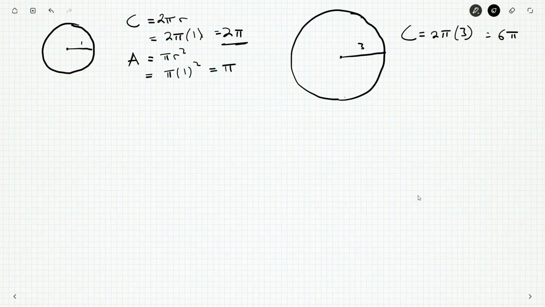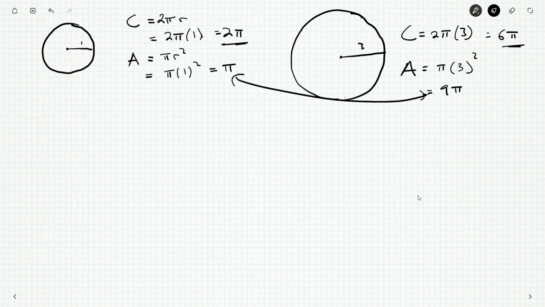How did 2 pi and 6 pi relate? Well, it's tripled. And now the area is pi r squared, but the radius is now 3. So it's pi 3 squared. That's 9 pi. How do the two areas relate? Well, one of them is 9 times the other.